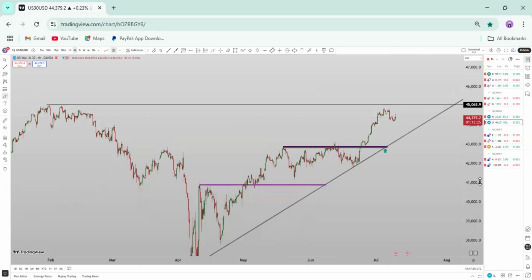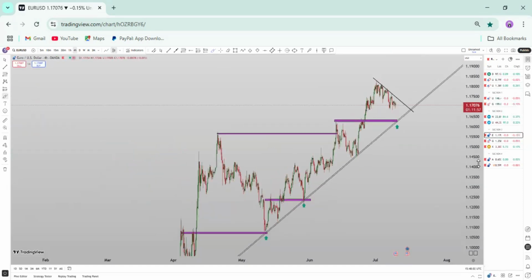Also on US 30, just leave it the same as NASDAQ. Maybe this market might want to do a few retracements to this area, then I will consider a buy in this area. But currently, I don't have anything on NASDAQ and US 30. So for those two, I will just leave it for next week.